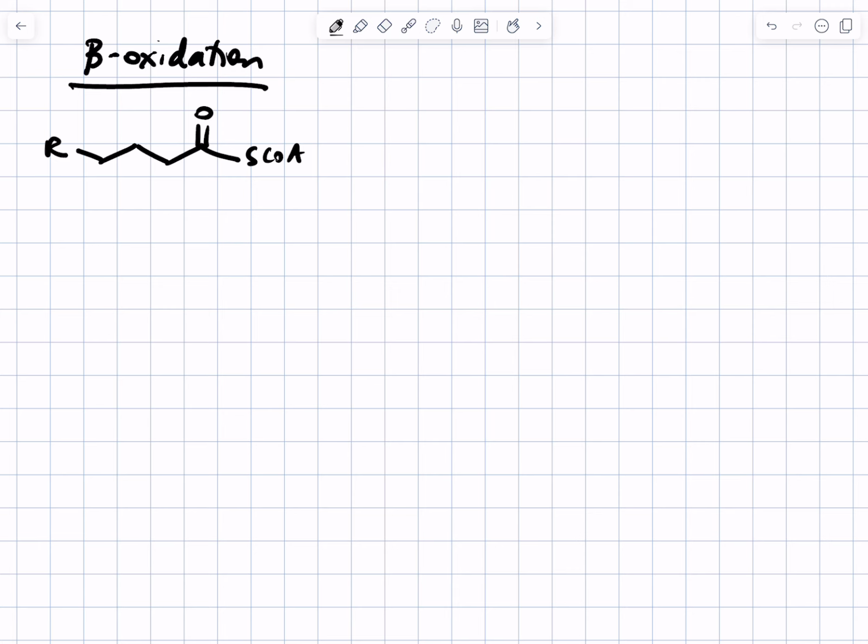So the first step is an oxidation step, and it's kind of an unusual one. We'll have a base from the enzyme remove the alpha proton to make an enolate.